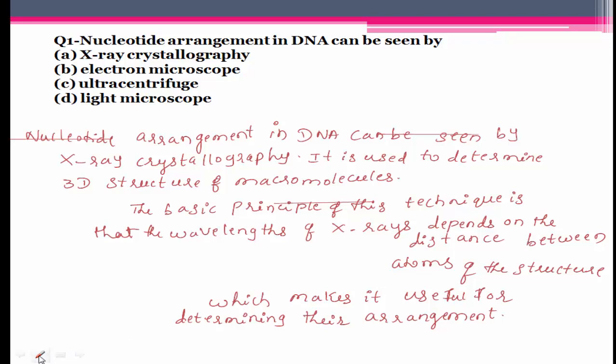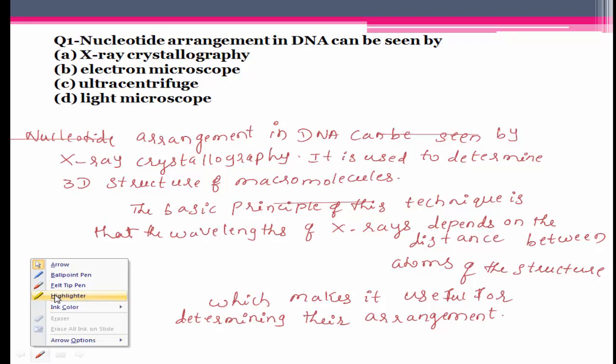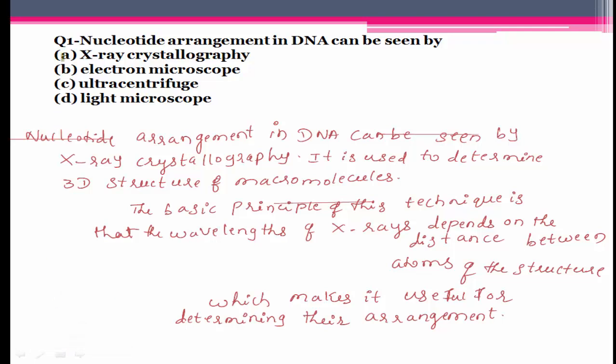And here the right answer for this question is X-ray crystallography. With the technique of X-ray crystallography, the nucleotide arrangement in the DNA can be seen, because X-ray crystallography is used to determine the 3D structure of macromolecules such as DNA, RNA and proteins.